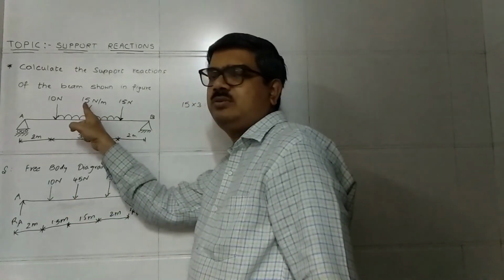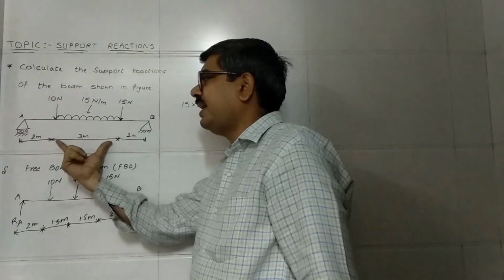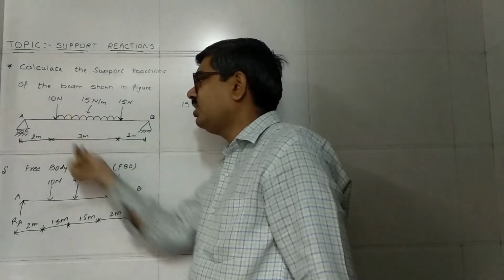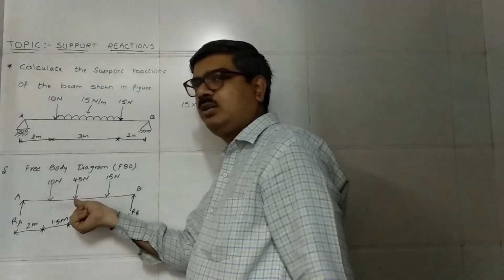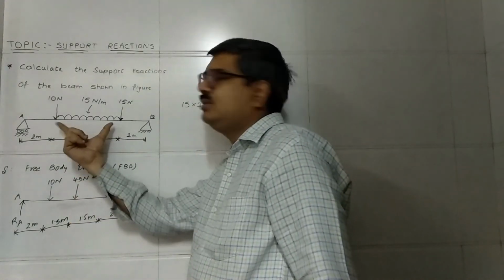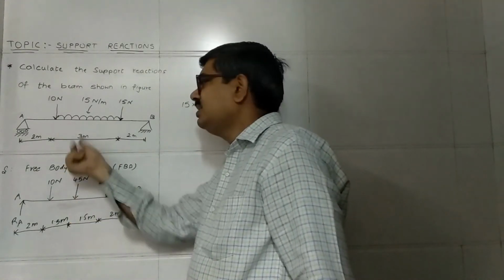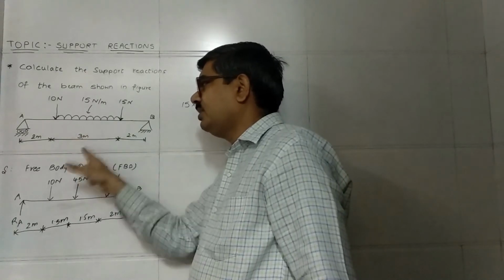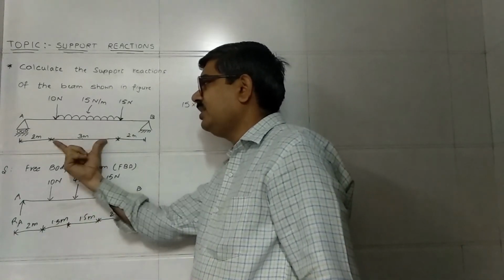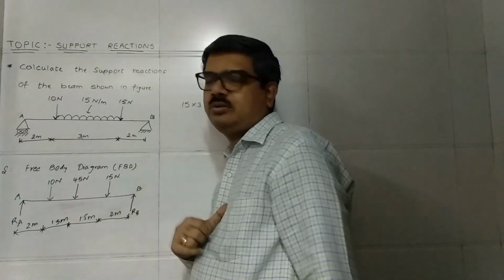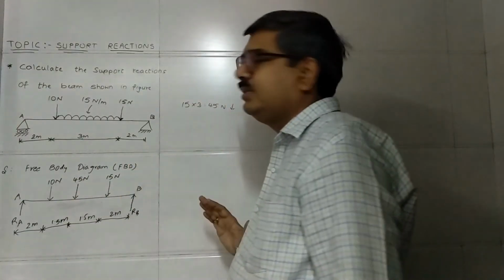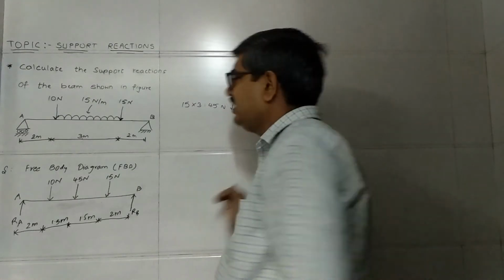Multiply the magnitude, that is the value of the UDL, by its span. Here it is 15 into 3, that is 45, and locate that 45 Newton point load at the mid span of the UDL. Whatever the length of the UDL, at its midpoint you have to locate the point load. Here it is 3 meters, so the mid span is 1.5, 1.5. Now the free body diagram is completed.